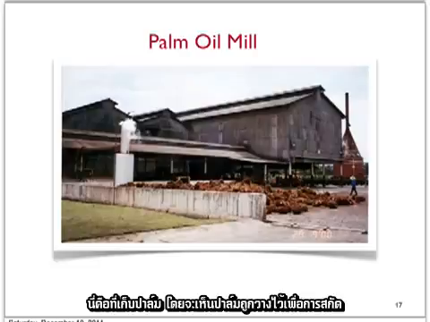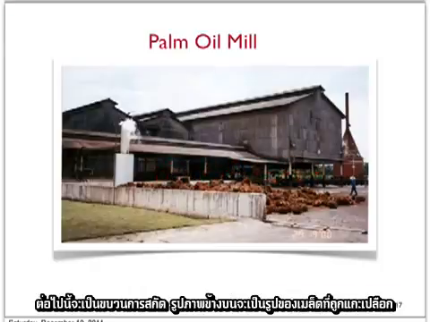And this is how the palm oil mill looks. You can see the oil palm fruit bunch being stored in the open space here, and inside is where the processing takes place.